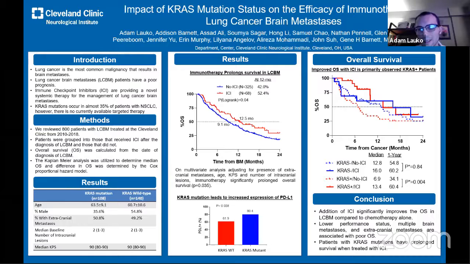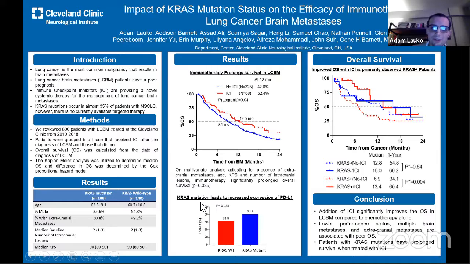However, immunotherapy, specifically anti-PD-1 immunotherapy, is a new treatment for non-small cell lung cancer that has a great improvement in overall survival in patients without brain metastases, but relatively little is known about patients with brain metastases. So we looked at all patients with brain metastases from lung cancer treated at the Cleveland Clinic and saw about a 3-month improvement in overall survival when the patients were treated with immunotherapy instead of chemotherapy.